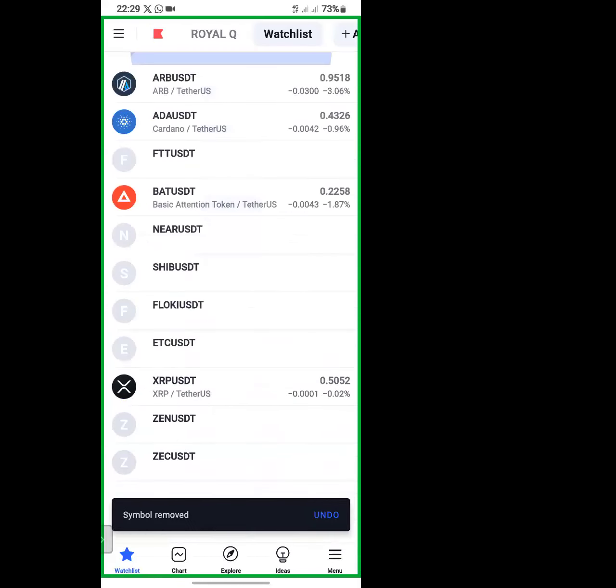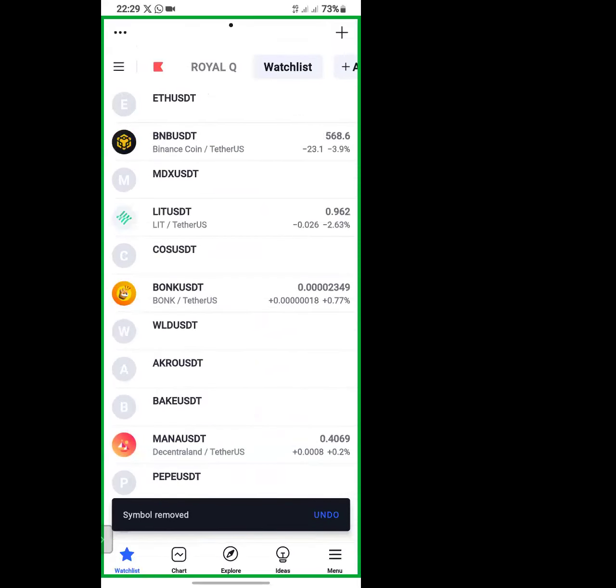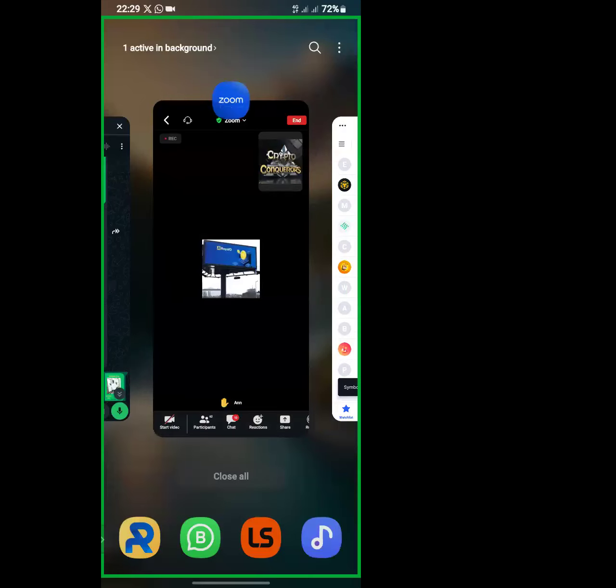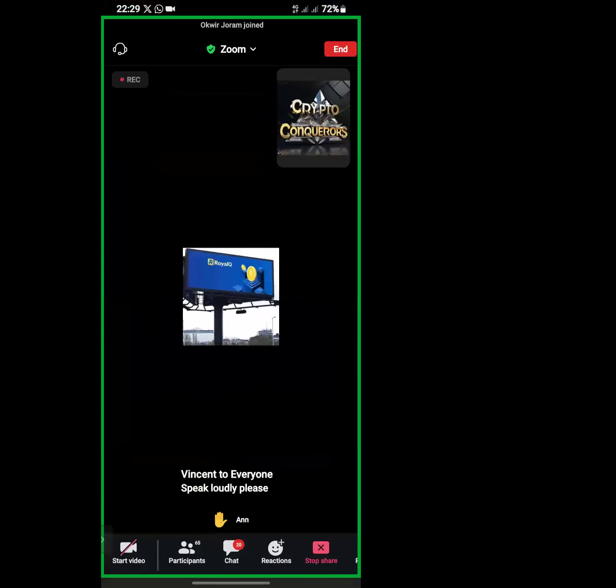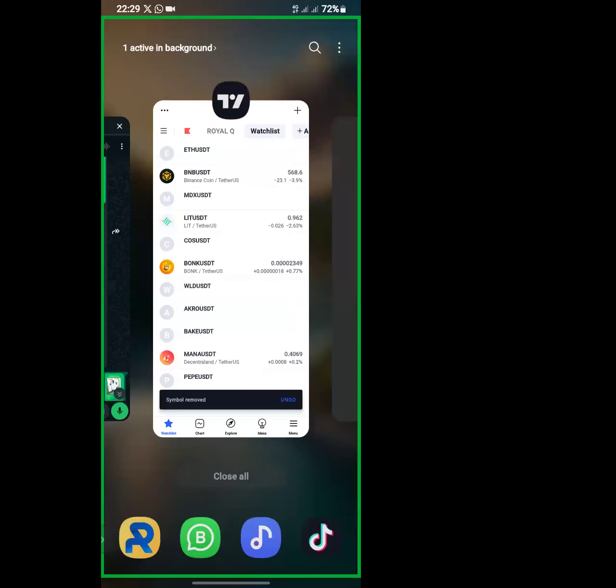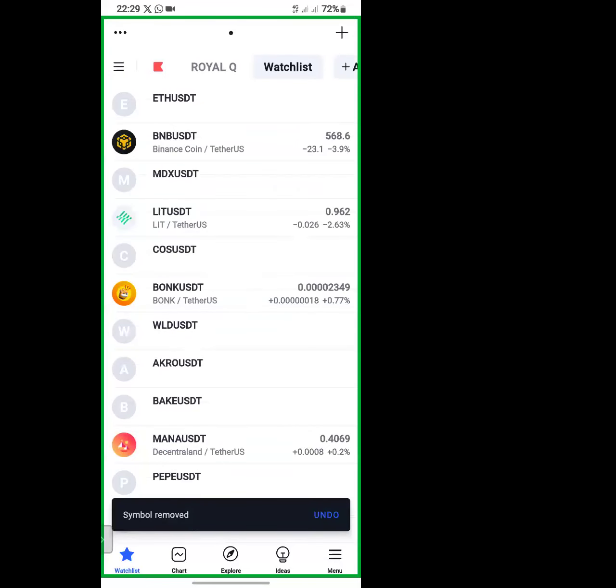Okay, so you can go on and add more currencies from your RoyalQ app. So far, these are the currencies we've added. My network seems not to be all right. I don't know whether you can still hear me. Guys, can you hear me? I speak loud. Okay. So these are the currencies we added.